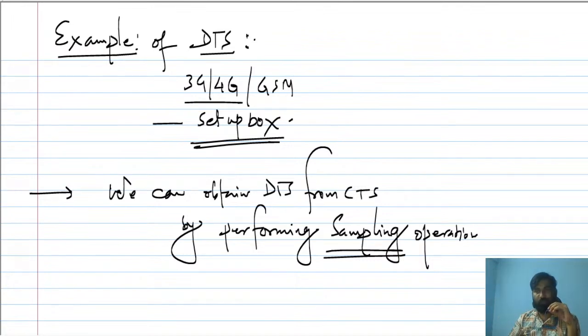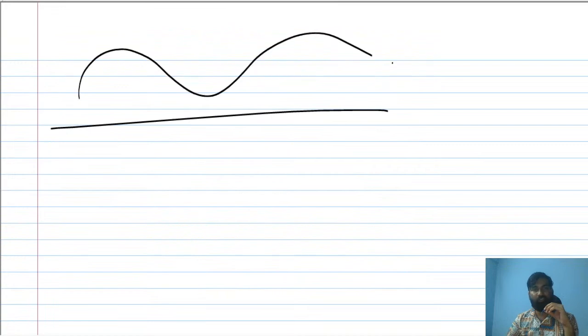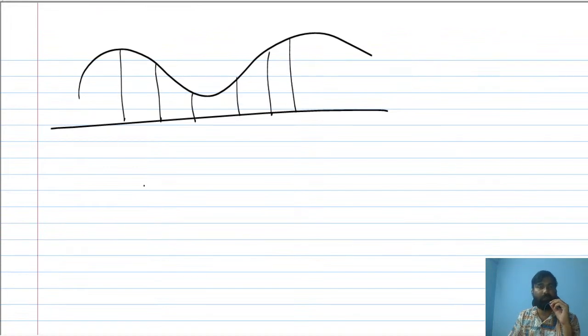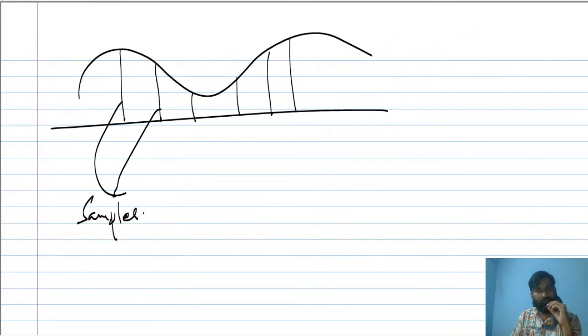I have also shown that, suppose this is a continuous time signal, we sample it, right? How do we sample it? These are known as samples. They are the samples, and we call this the sampling interval.